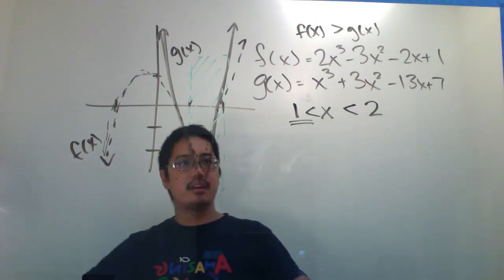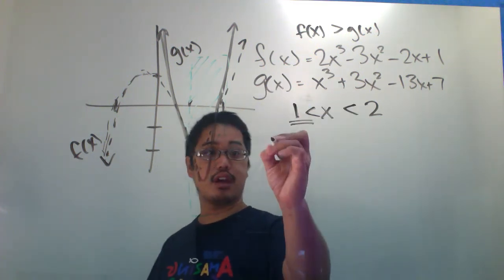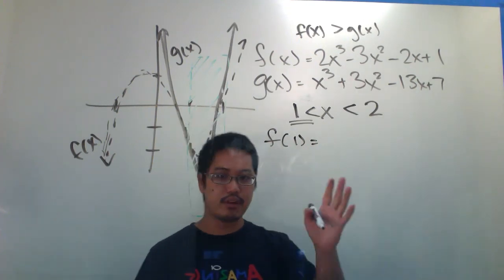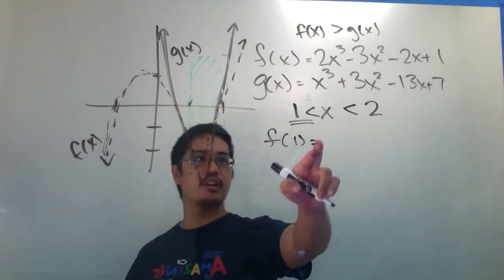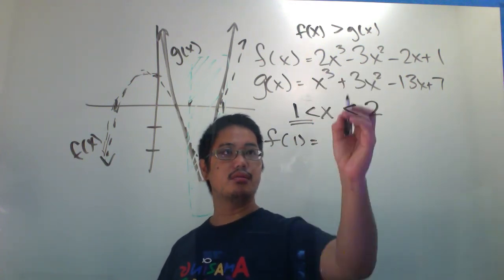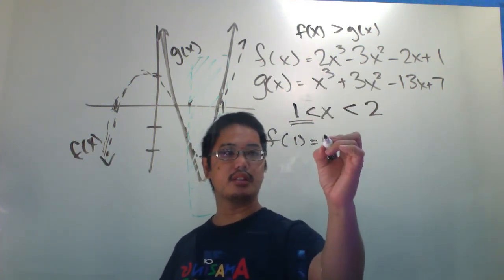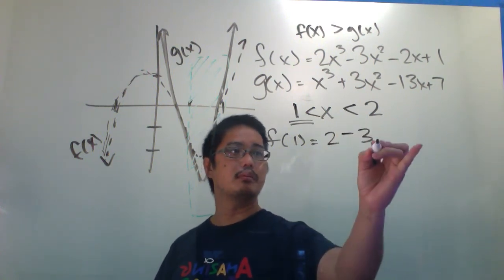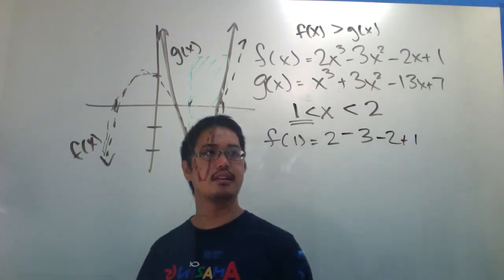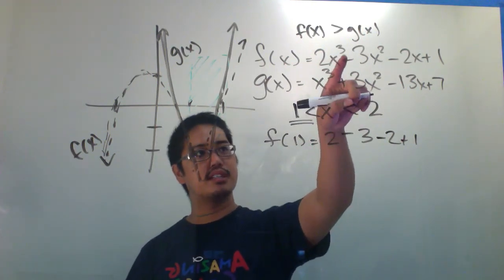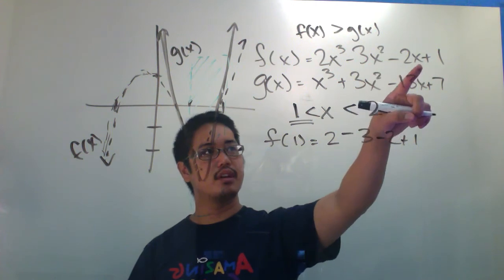So all we've got to do is plug in x equals 1. So f of 1, what is f of 1? It's pretty straightforward. You just plug in 1 into here. 2 times 1 is 2, minus 3, minus 2, plus 1. I like plugging in 1 because when you plug 1 into x cubed, you just get 1, x squared is 1, and so on.